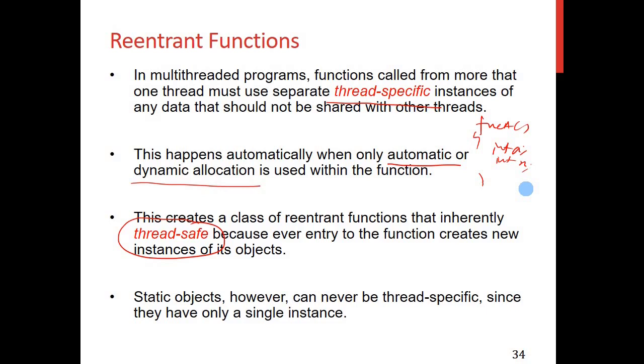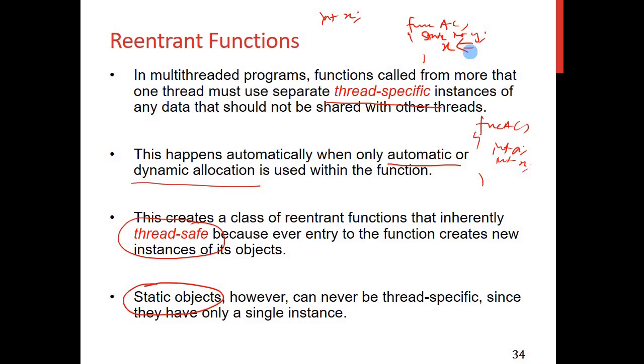The kind of variables you need to be very careful about are those that are static or global, because static objects or global variables will always retain their value even after I exit the function. If I declare a global variable integer x, and inside my function a, I make use of x in some way, then that is an issue. Or if I declare another static variable here, static integer y, that is also an issue because these variables will hold on to their value even after I exit the function.